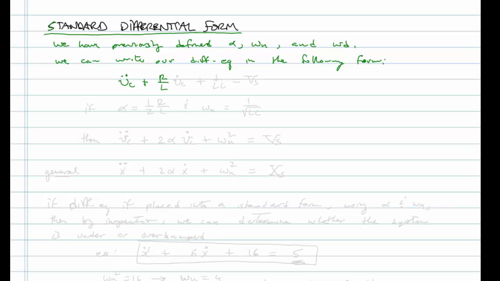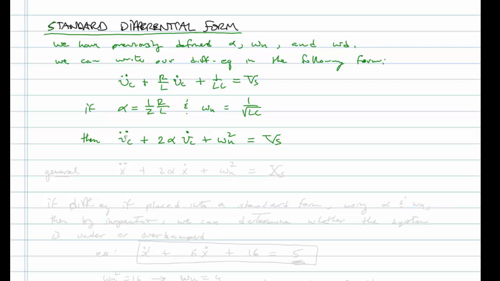We had V double dot plus R over L V dot plus 1 over LC V is equal to Vs. Now, if we recognize that alpha is 1/2 R over L, and omega n is equal to 1 over square root of LC, then we can write the differential equation as V double dot plus 2 alpha V dot plus omega n squared V is equal to Vs.